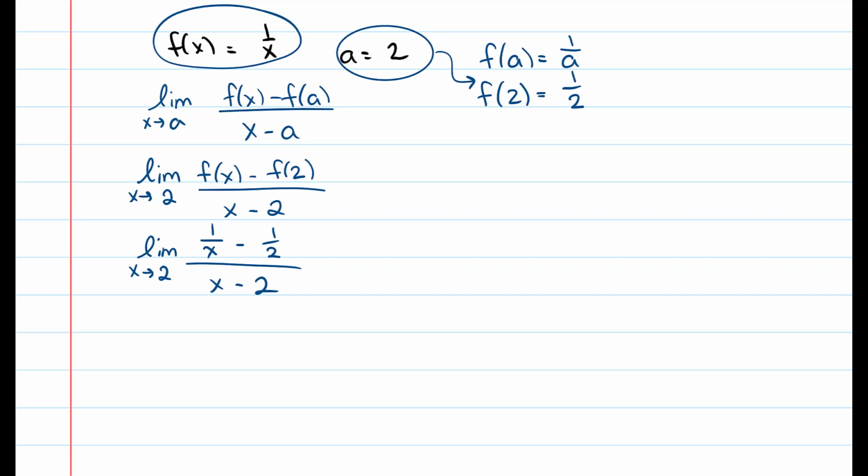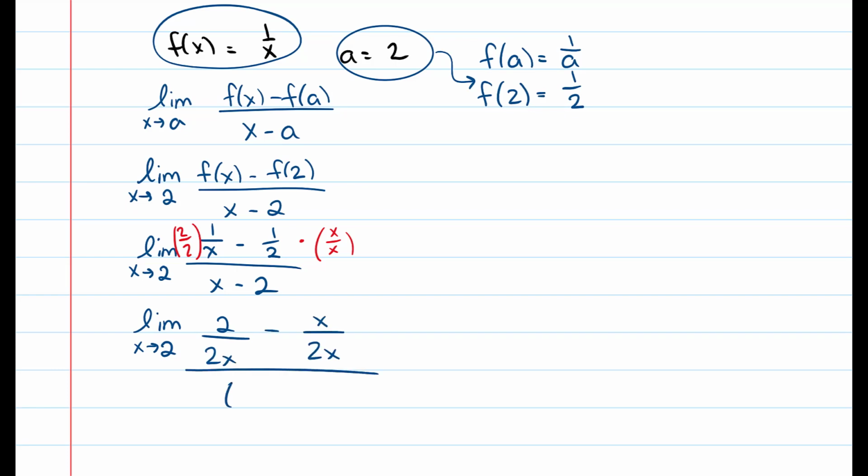So now I'm going to try to combine the numerators using common denominators. And we get this is the limit as x approaches 2 of 2 over 2x minus x over 2x, all divided by x minus 2.